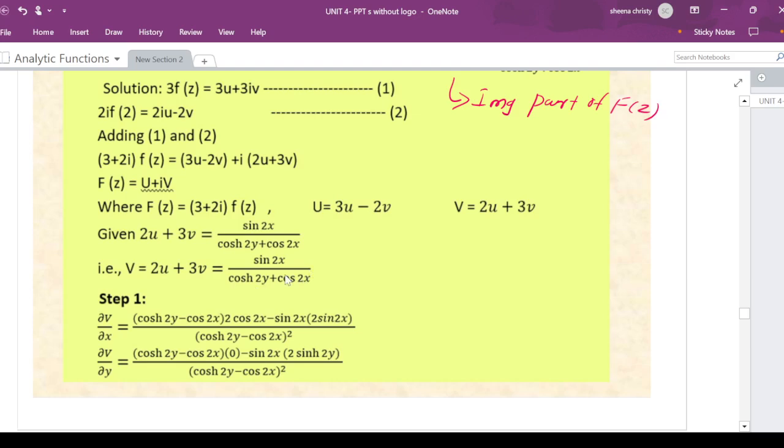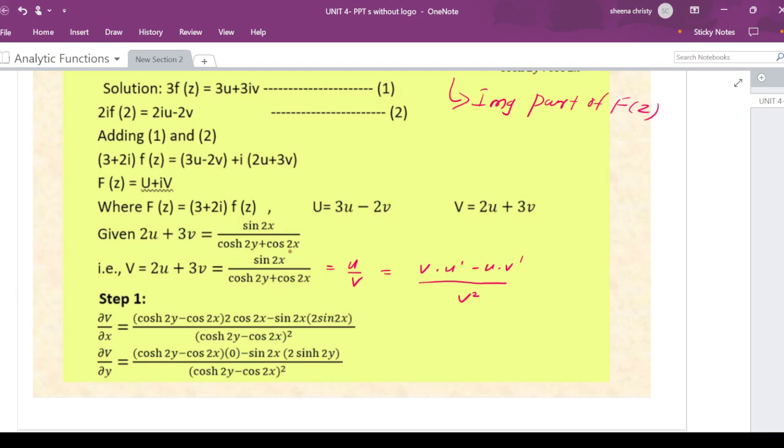Therefore, using the division rule, considering this as u by v, the formula is (v·u' - u·v') / v squared.